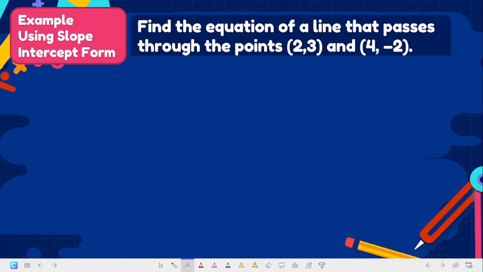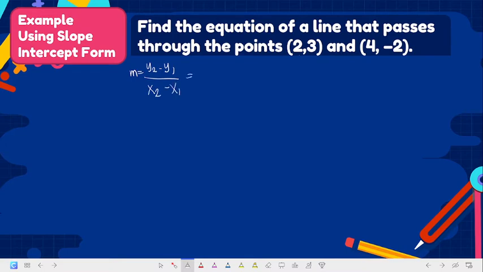So the first thing you're going to do here is find the slope. As what we did in the 2-point form, we're going to find the slope. So our slope is equal to y sub 2 minus y sub 1 over x sub 2 minus x sub 1.